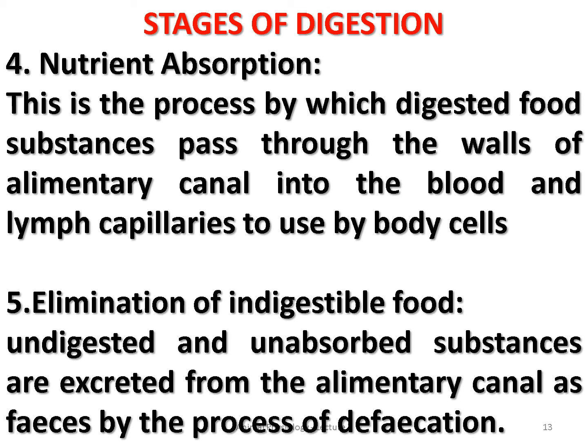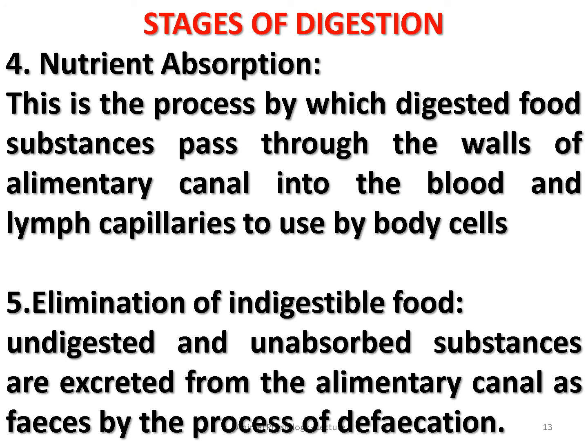So the fifth stage is elimination of indigestible food. In the fourth stage of digestion, absorption of the nutrients, whatever is necessary will be absorbed through the walls of the alimentary canal into the blood and the lymph capillaries. So what will happen now? The unwanted food will be eliminated.